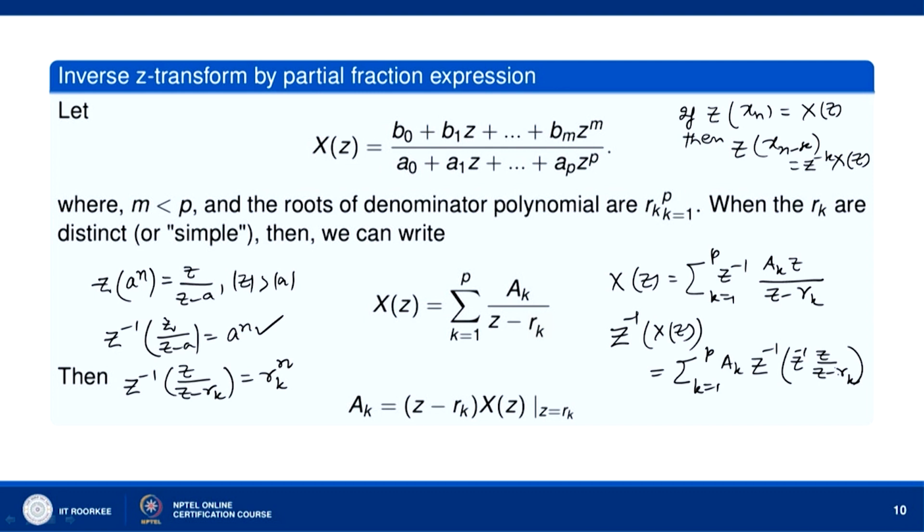So, this will be sigma k equal to 1 to p a k into z. Now, we apply this property.